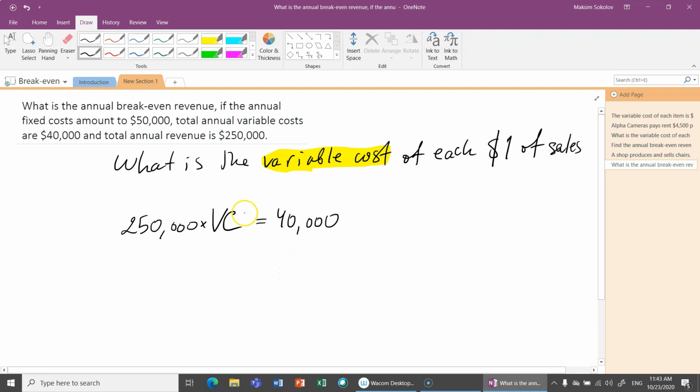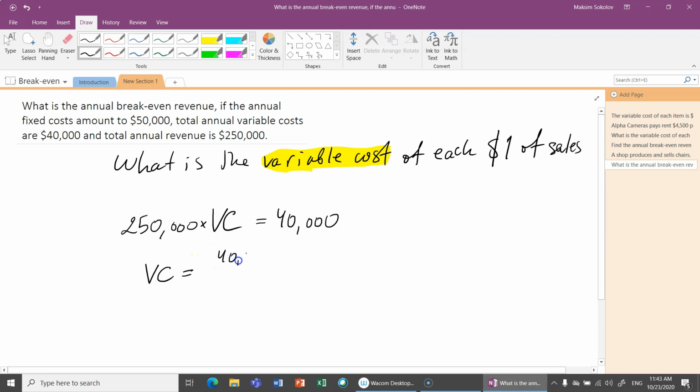So this is an important thing to understand in this equation. I have sold $250,000 in total, but I know that each dollar costs me variable cost to sell. And I also know that total variable costs are $40,000.